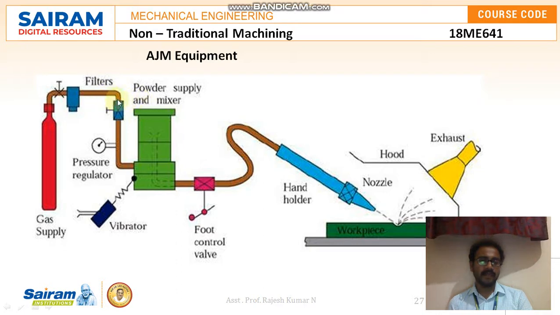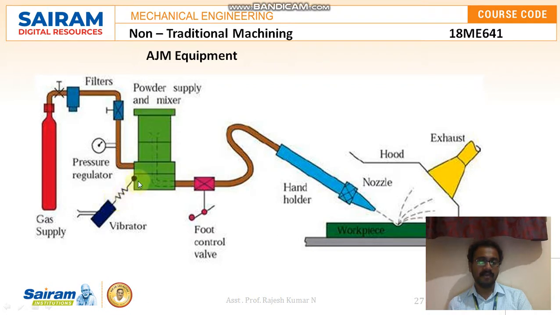The gas is then allowed to pass through a pipeline where you can see a pressure regulator. This pressure regulator sets the pressure of the gas going to the powder mixer, this particular drum.